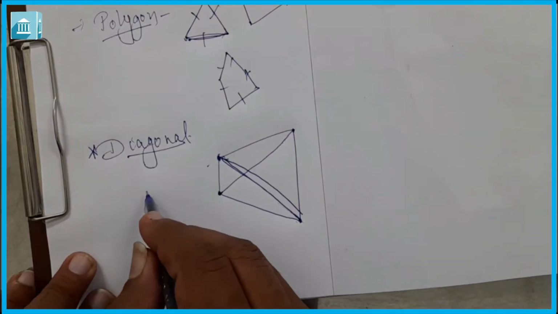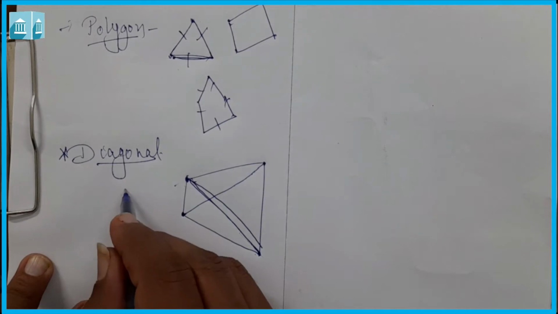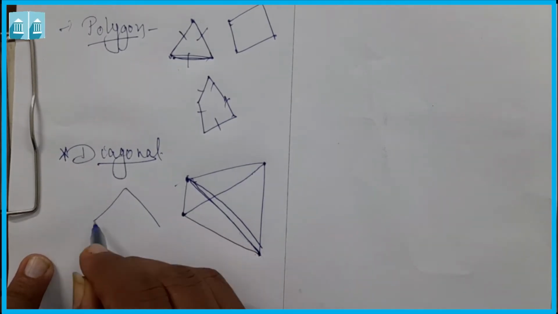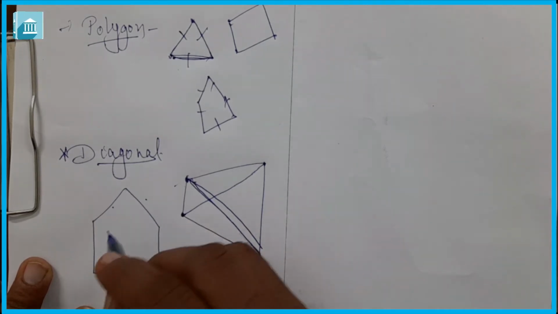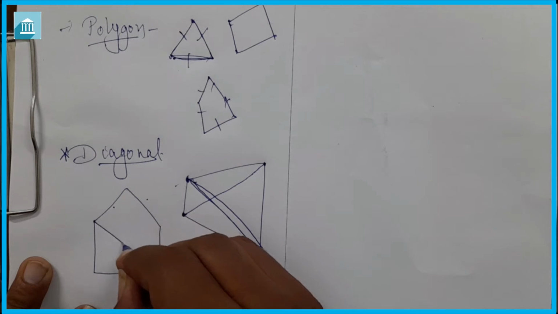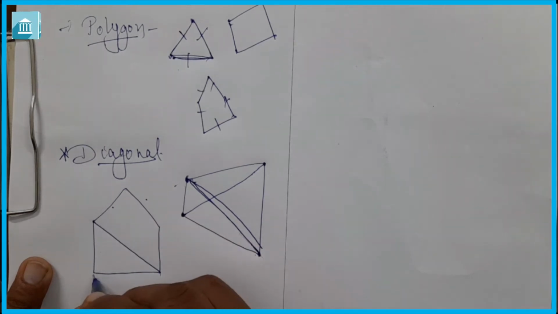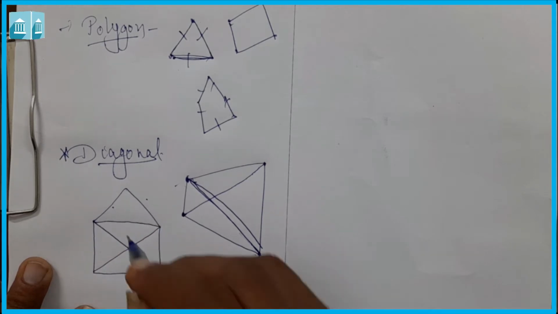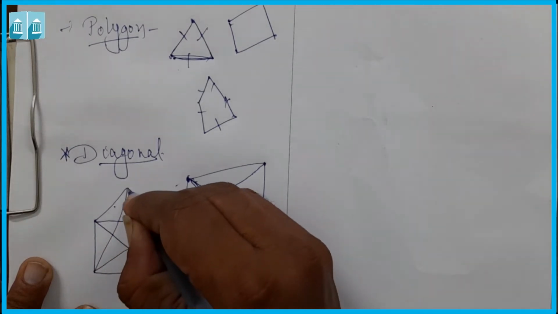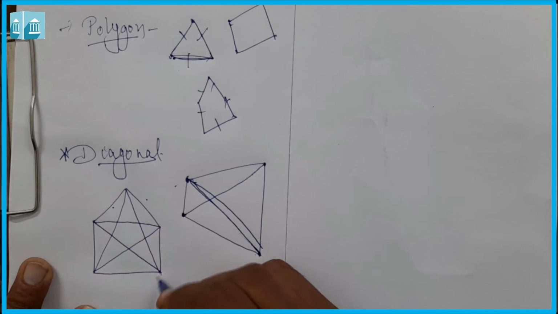In the same way, if I draw a pentagon here, this is the pentagon, it has 5 sides. Now the diagonals of this pentagon, joining 2 opposite vertices: 1, 2, you can draw one from here also, 3, and one from here also, and one will be here also.